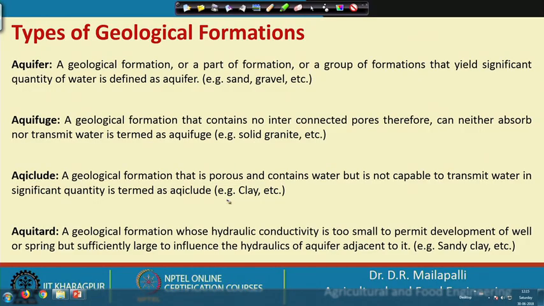And an aquiclude is a porous geological formation. It can only absorb, but it cannot transmit. So it contains water, but it is not capable of transmitting water. That is the aquiclude. For example, clays: clays absorb water and swell.